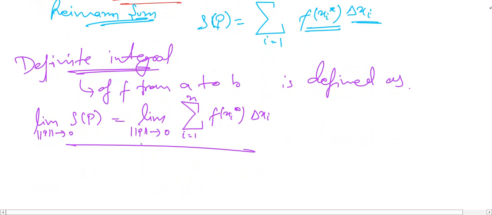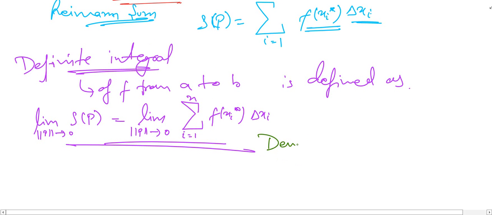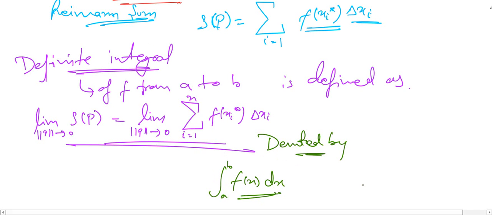And this is denoted by this weird snake-like symbol from A to B, f of x dx, right?